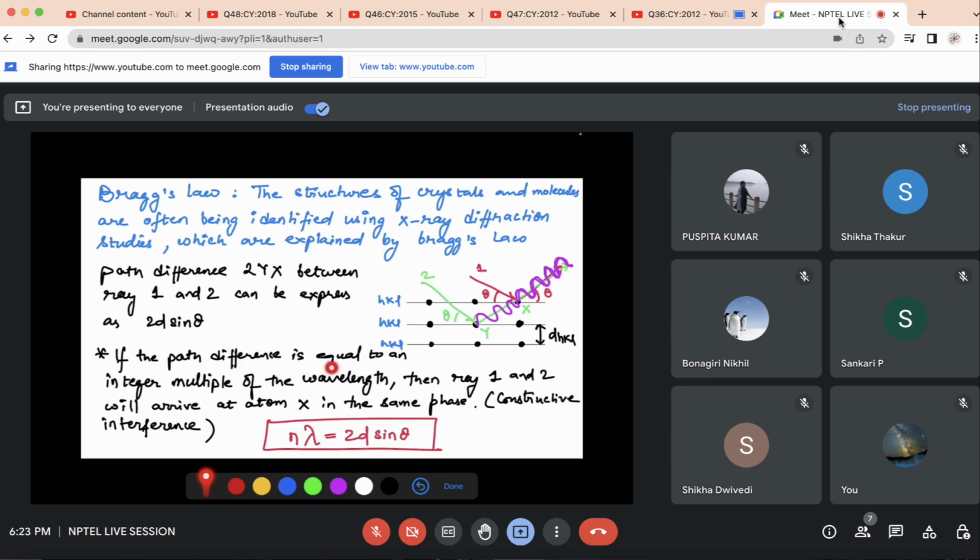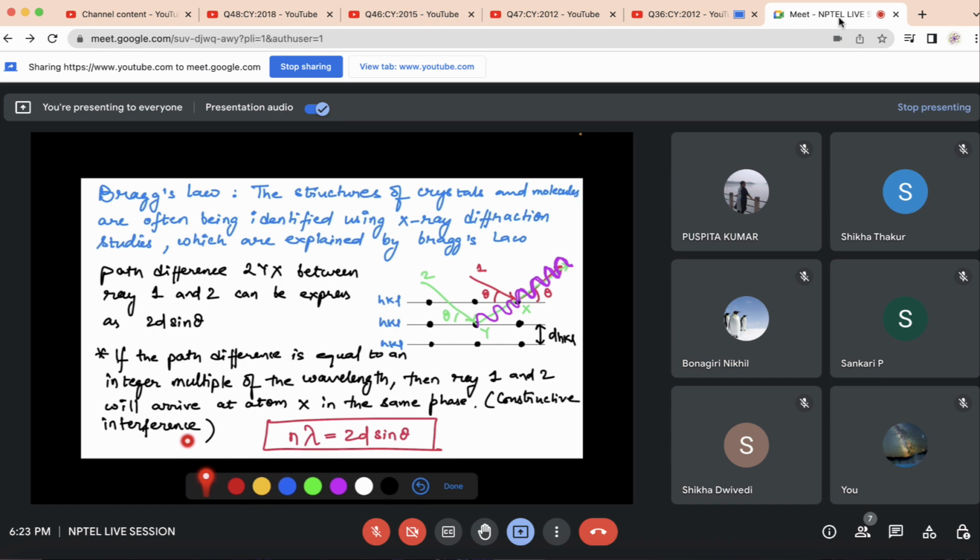So if the path difference is equal to an integer multiple of the wavelength, the wavelength of the light or the X-ray that we are using, then ray 1 and ray 2 will arrive at atom X, for example here, in the same phase, okay, and hence we will get a constructive interference.